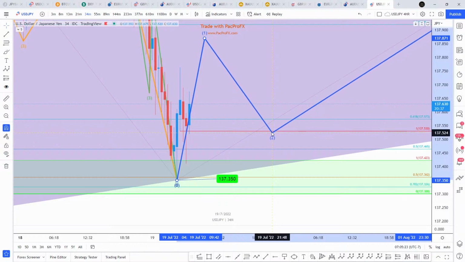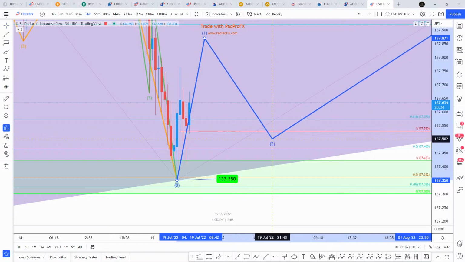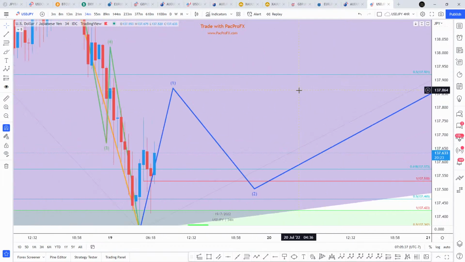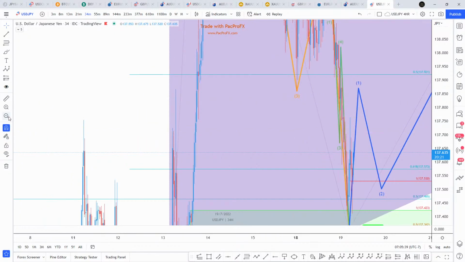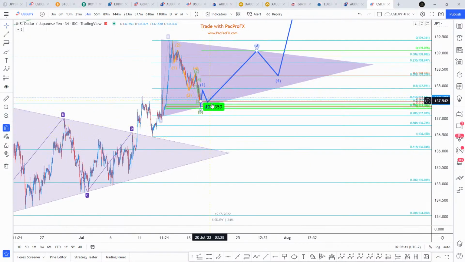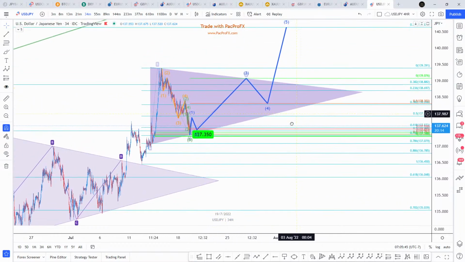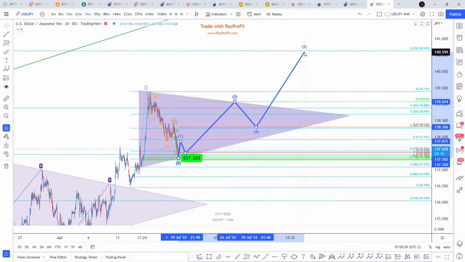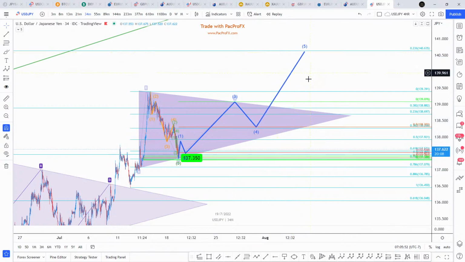It would have to be right about this area. So that's going to be an ABC of 1, and then we're going to get a pullback for wave 2. So that's probably what it's doing, and that's what it's going to look like. It's probably going to be an extended 5th wave.